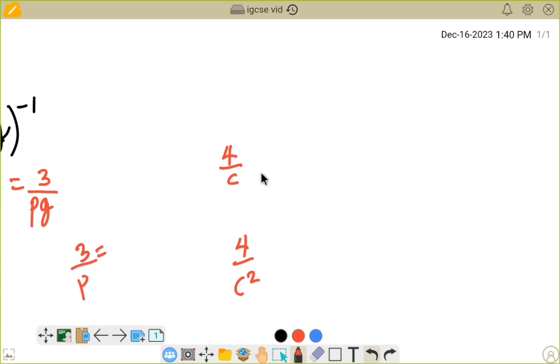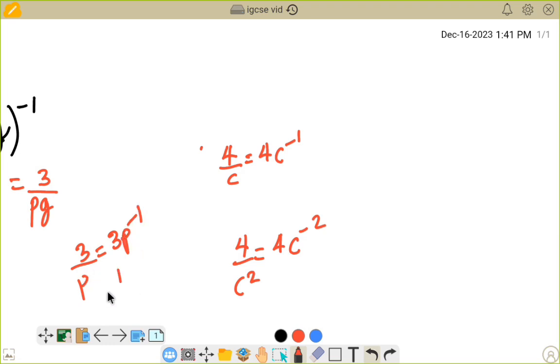Now to flip this, it's the same thing as 4c to the minus 1. The power here is 1, imaginary 1 is here, so that will be 4c minus 1. I'm flipping this, this is actually 1 over c. I'm flipping it to become c. In this case, it becomes 4c minus 2. You understand? So you are flipping it. This one becomes 3p minus 1 because the power here is 1.